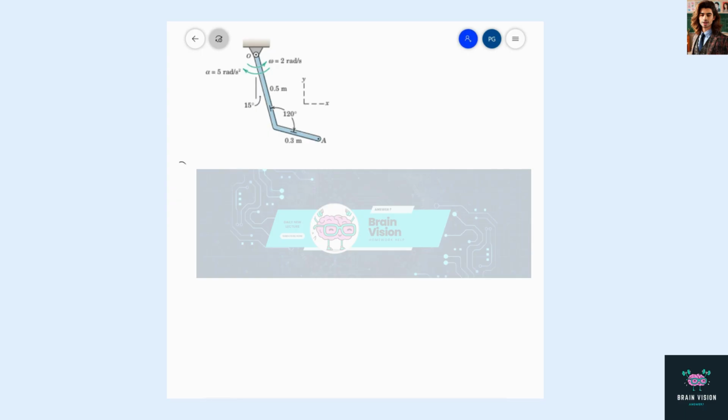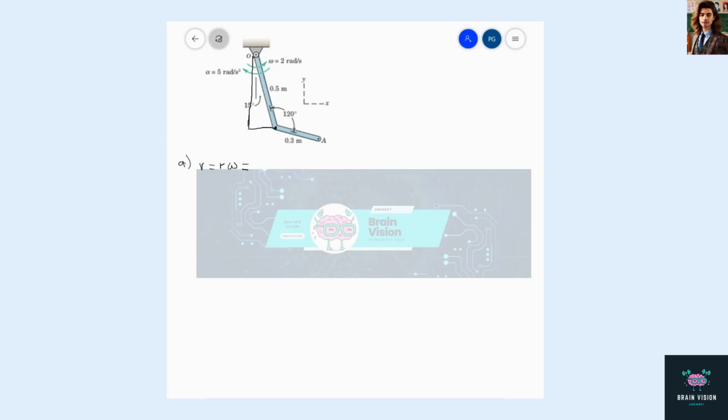So first of all, with velocity, the formula we're going to use is v equals r omega, where r is the radius and omega is the angular velocity. So we need to break this into components.